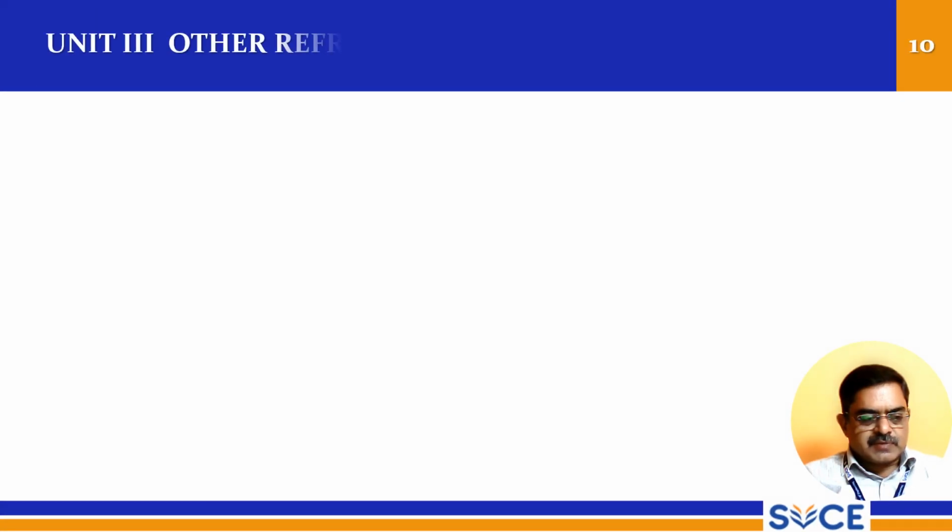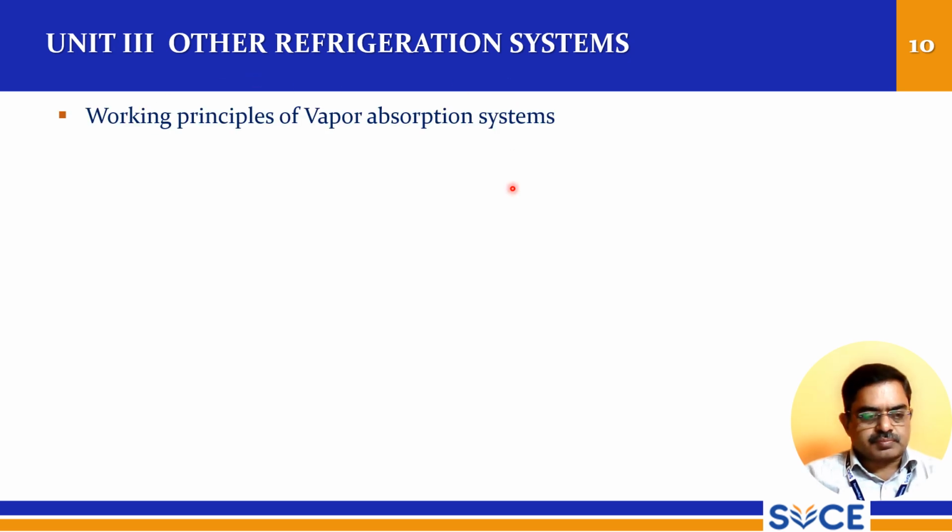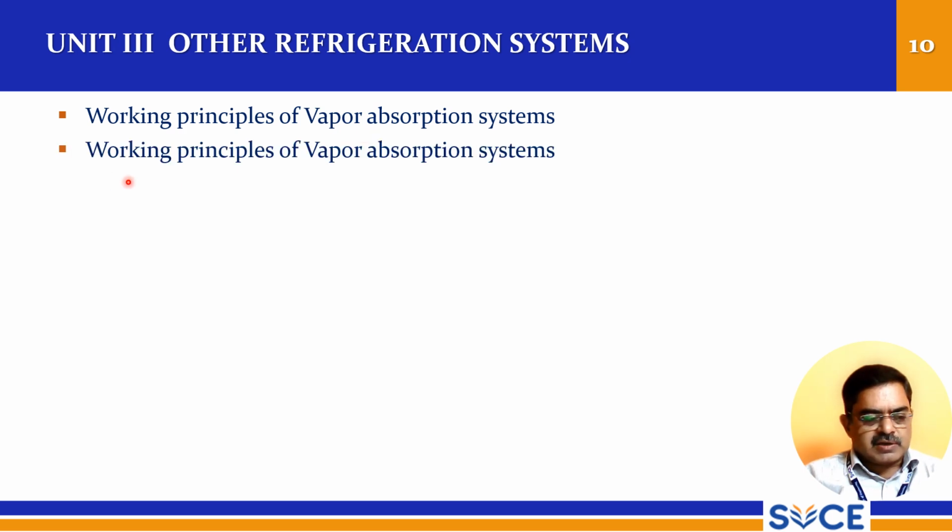These are the topics from unit number 3. The title of unit 3 is Other Refrigeration Systems. The first topic is the working principles of vapor absorption system, and the same topic requires one more session.